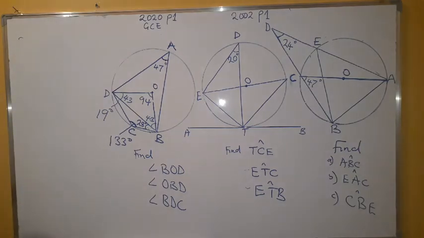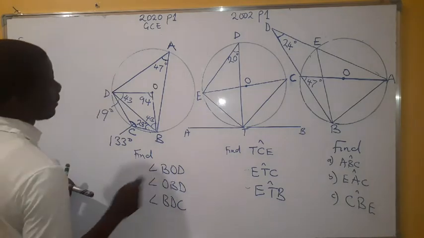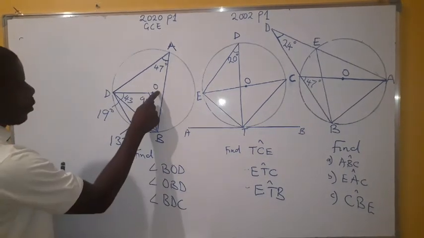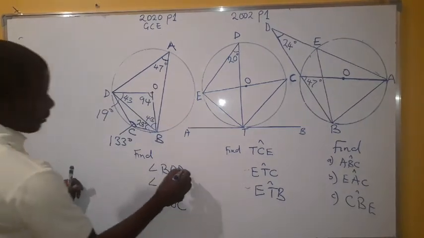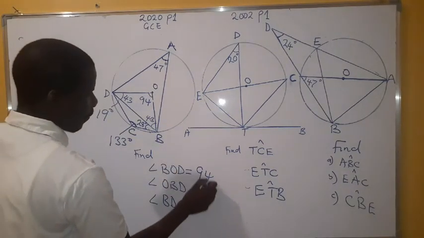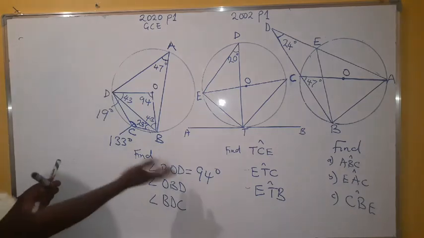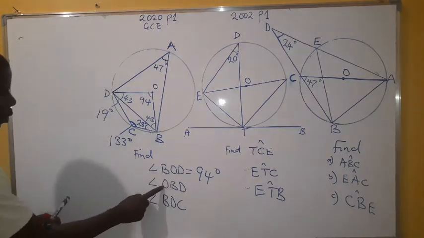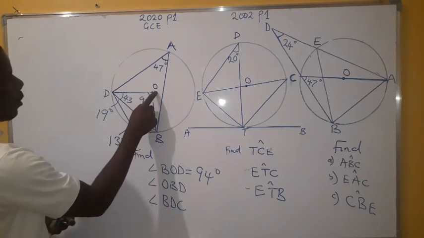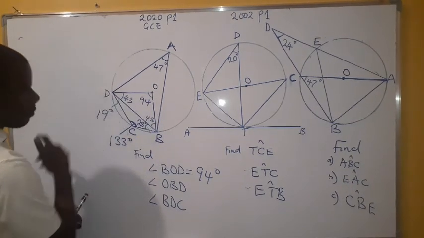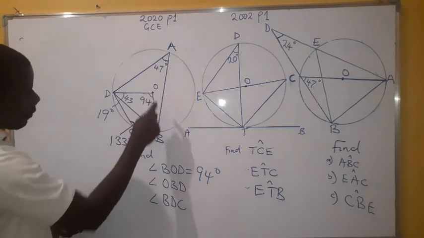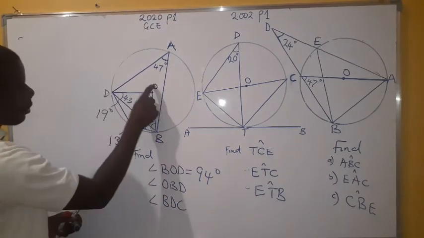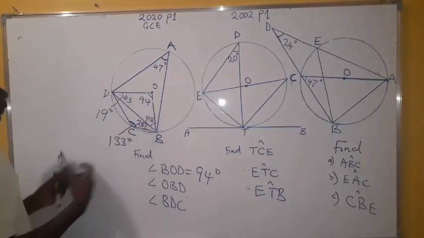Okay, let's see if we can find BOD. BOD, the first one, which is very simple, it's 94. Please, I hope you are following me and my calculations are correct. Then OBD.